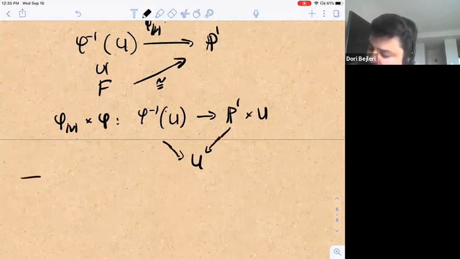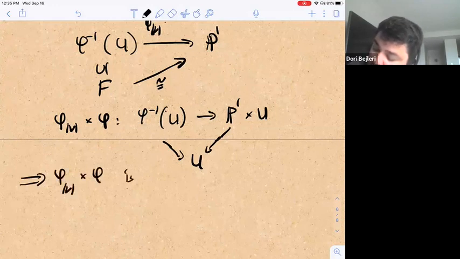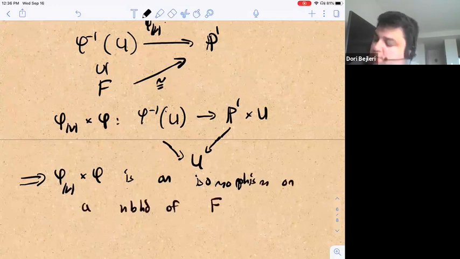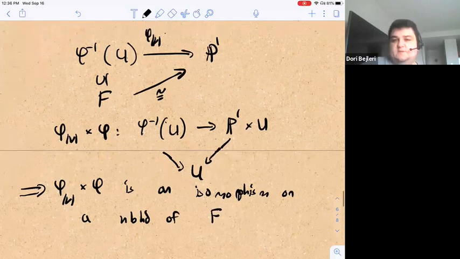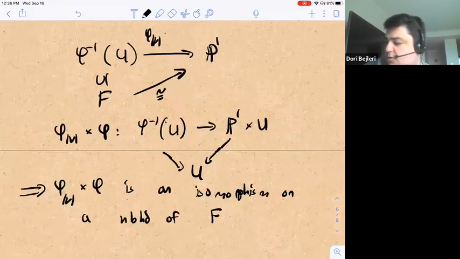So this implies that maybe after shrinking a little more, phi V times phi is an isomorphism in some neighborhood of the fiber. Because everything's normal and that's some bijection near the fiber.